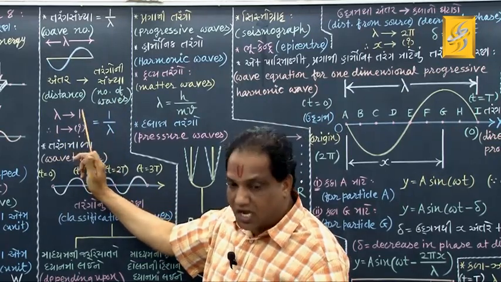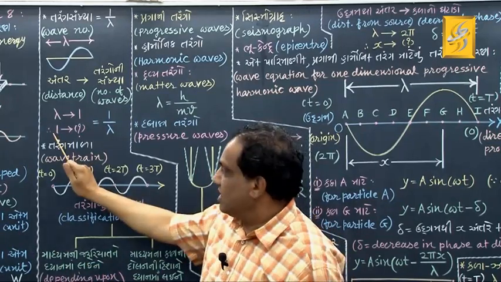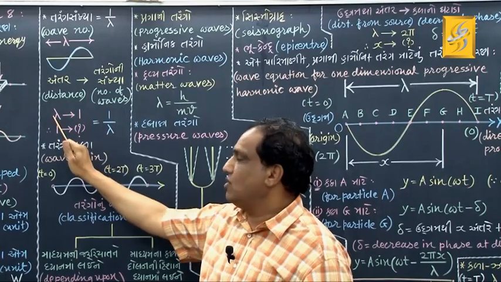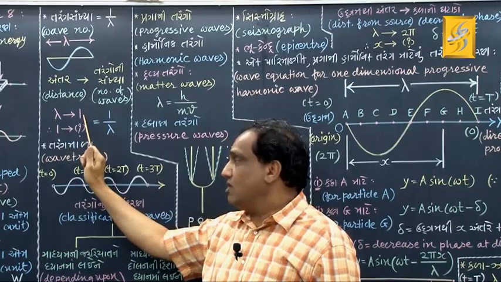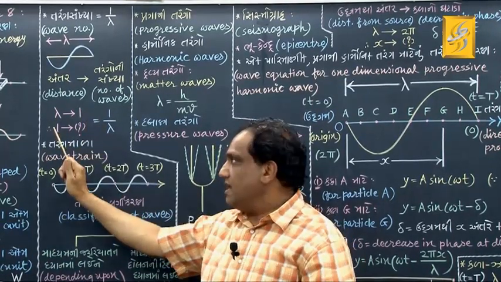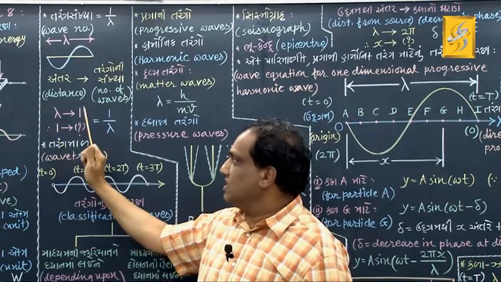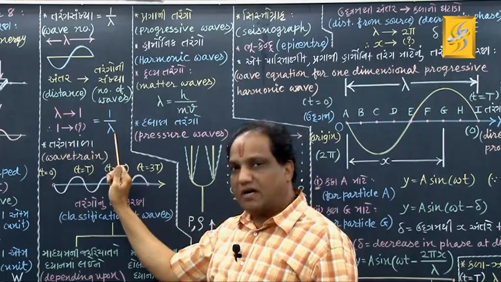Then question arises, how many waves can be accommodated in unit distance? In distance lambda, if one wave can be accommodated, then in unit distance, how many waves can be accommodated? This into this upon this, that means 1 upon lambda, correct?